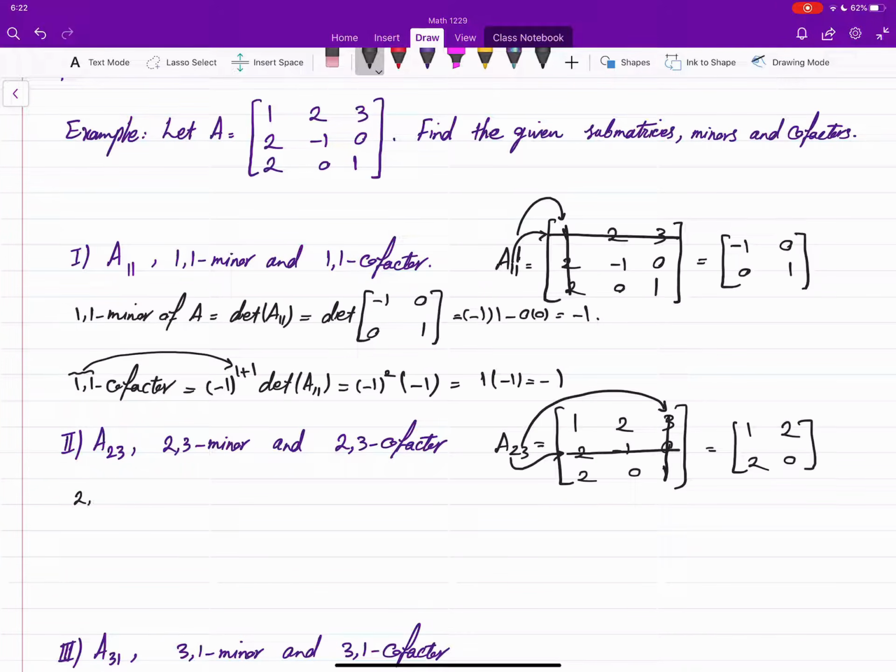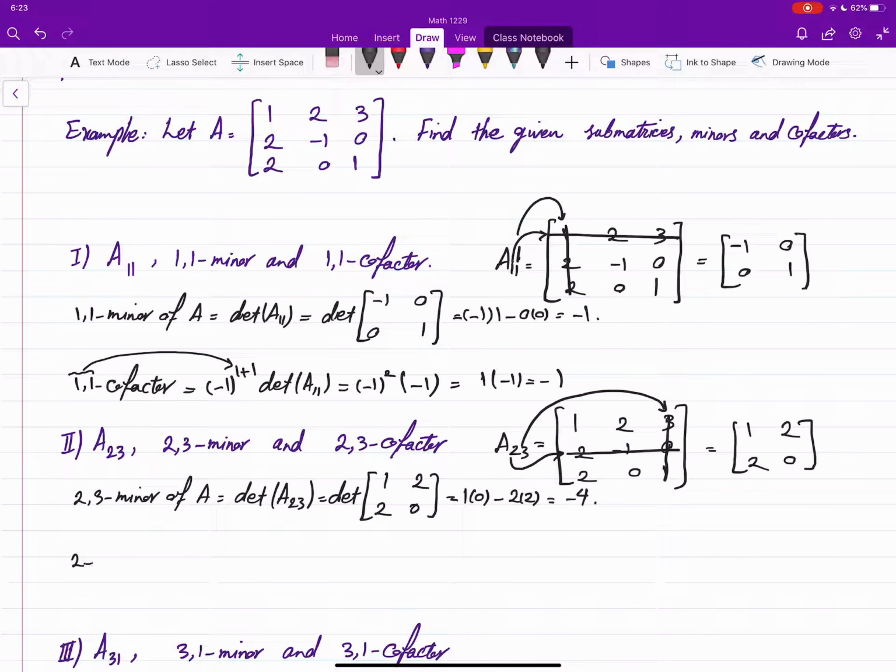The 2,3 minor of A is the determinant of that submatrix A23, which is again a 2 by 2 matrix, so diagonal minus off-diagonal. This will be 0 minus 4, so we have negative 4. That's the 2,3 minor.